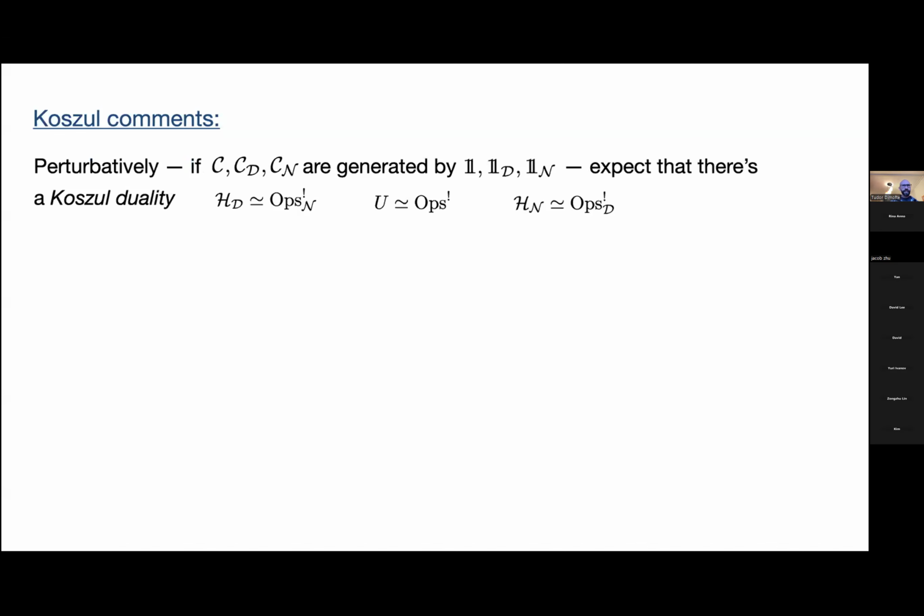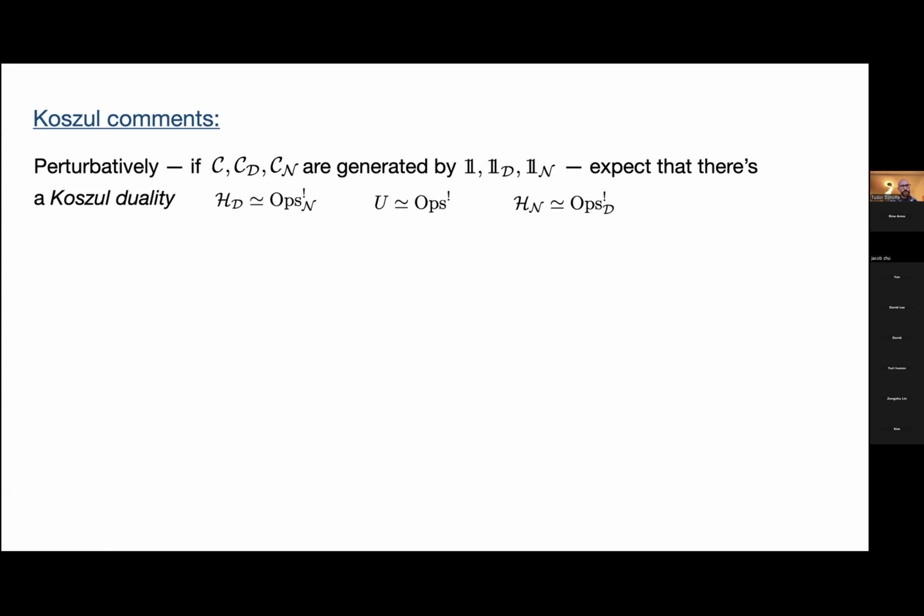I mentioned Koszul duality in the title of the lectures. If we do things in a way that a physicist would call perturbative, but mathematically that means that all categories in sight are generated from their tensor identities.